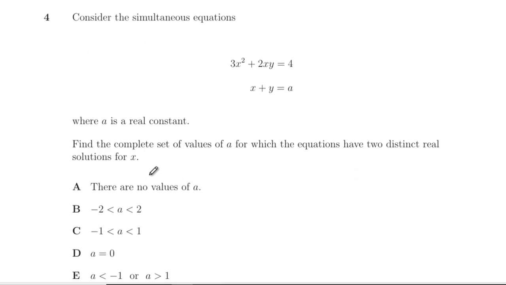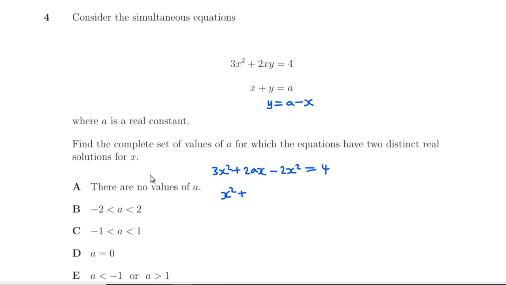For simultaneous equations, that and that, find a complete set of values of a for which we have distinct real solutions for x. So we want to get something for x. So y is a minus x. Then sub into the top one, so 3x squared, and then we'll have plus 2ax minus 2x squared is 4.